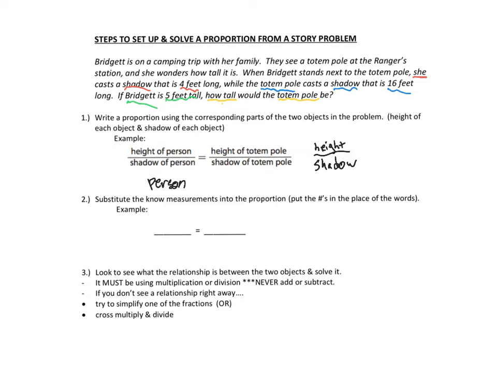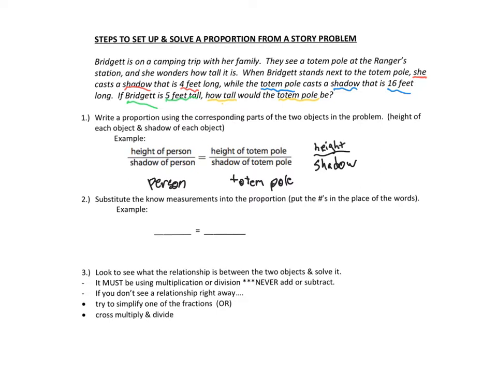And on this side of the equal sign, we have the totem pole information. So we have to make sure that we're completely organized, and that's why I would label just like I did here. We have person, we have totem pole, then we know height and shadow.